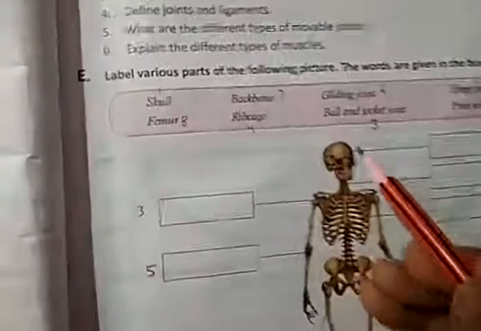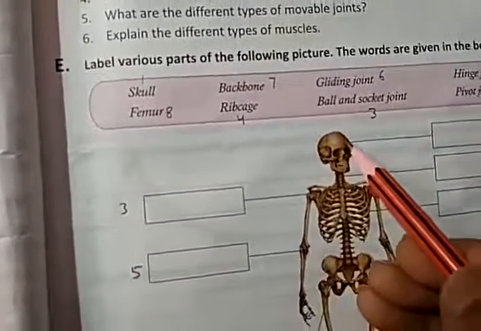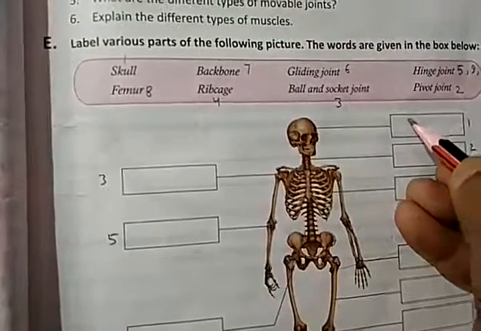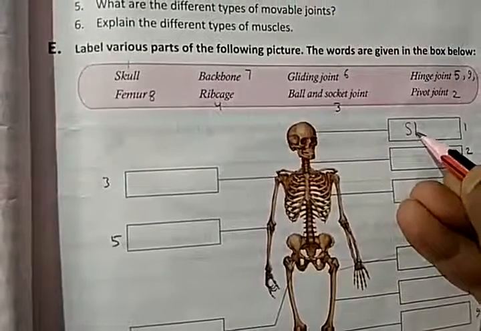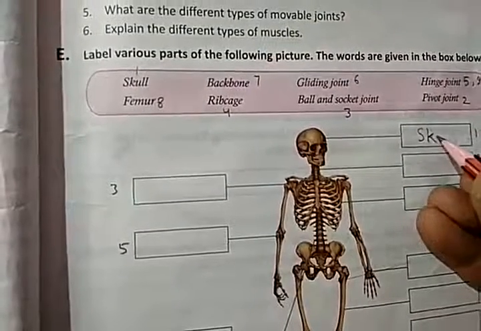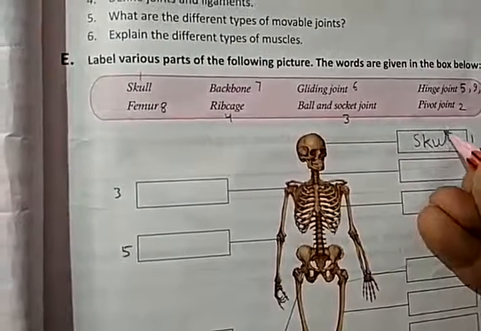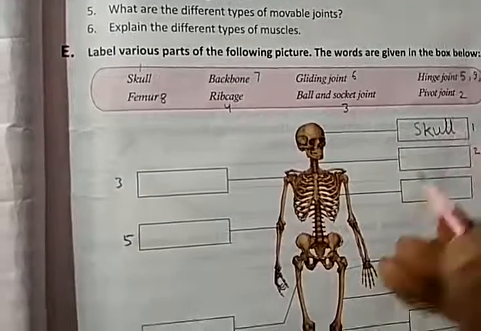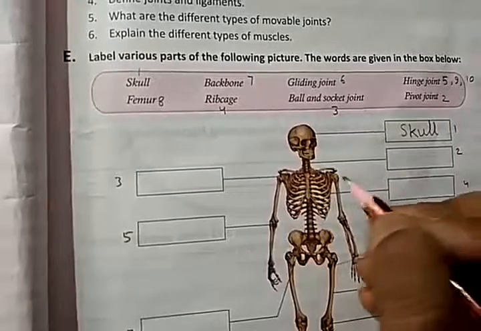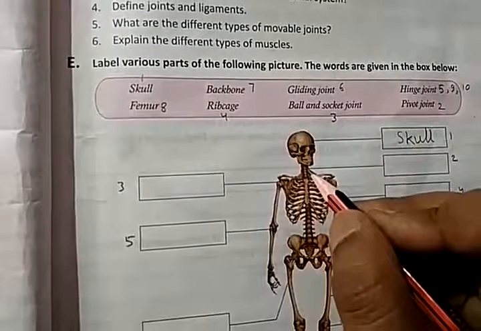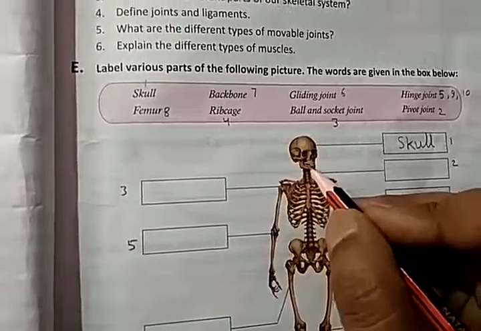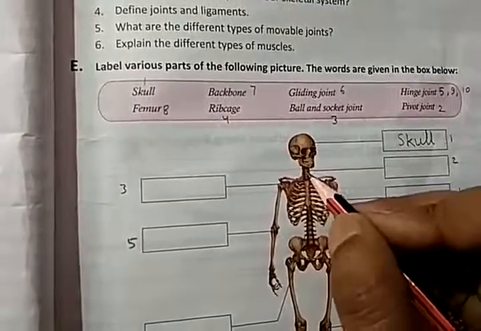In first number, look here, this is the skull of a man. So we will write here skull. In second number, we have to write the name of this joint. This joint is between the skull and neck.